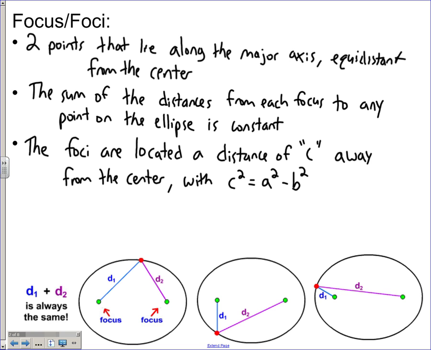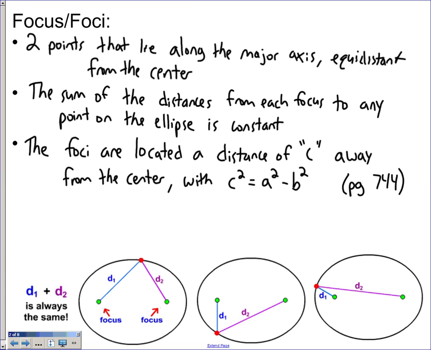So we know a and b from our general form of our ellipse equation. If we subtract b squared from a squared, we get the value of c squared, and that'll tell us the distance to travel from the center in either direction. Now, if you want the derivation for where this formula comes from, you can check page 744 of your textbook. It's actually a pretty slick proof, not too difficult to understand.